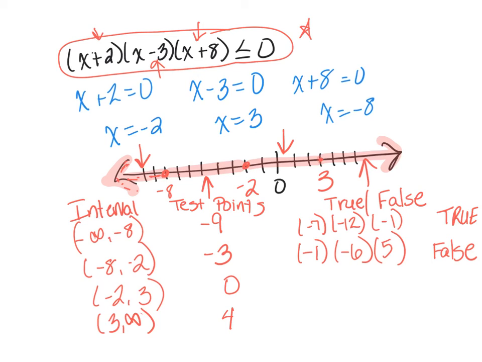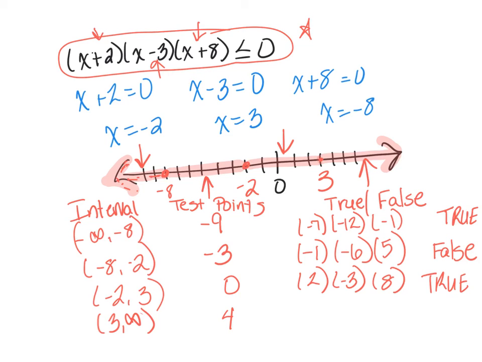Now we're going to plug 0 in. 0 plus 2 is 2. 0 minus 3 is negative 3. 0 plus 8 is 8. I have a positive number times a negative number, which is negative, then negative times positive. That gives me a true statement, so negative 2 to 3 is part of our solution.